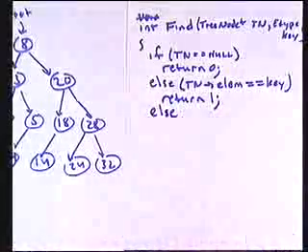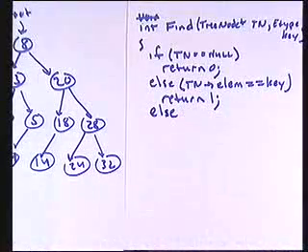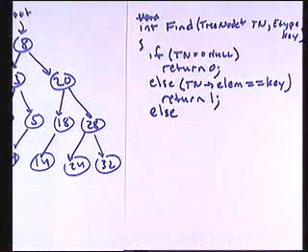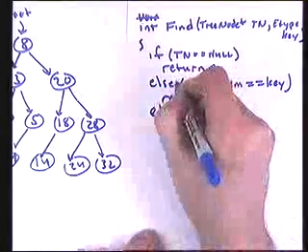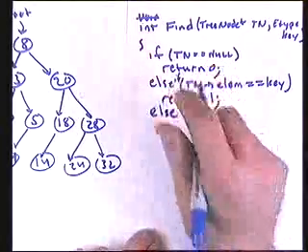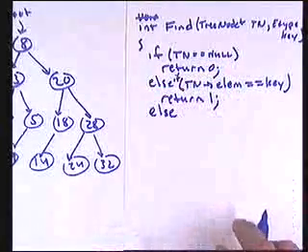Both say the pointer we send in is not null, so we do point to a node, but that node does not contain what we're looking for. Then the only 2 possibilities are that what we're looking for is less than that value or greater than that value. I should have had an if here. It appears in your slide, but I didn't write it here, so there's an if.